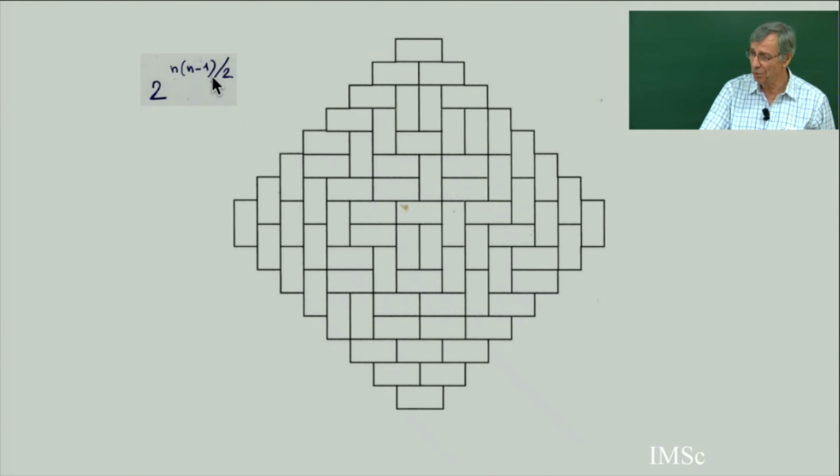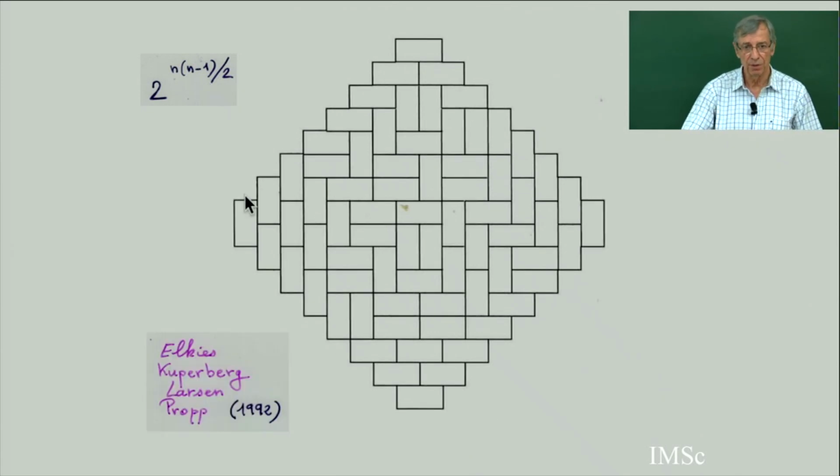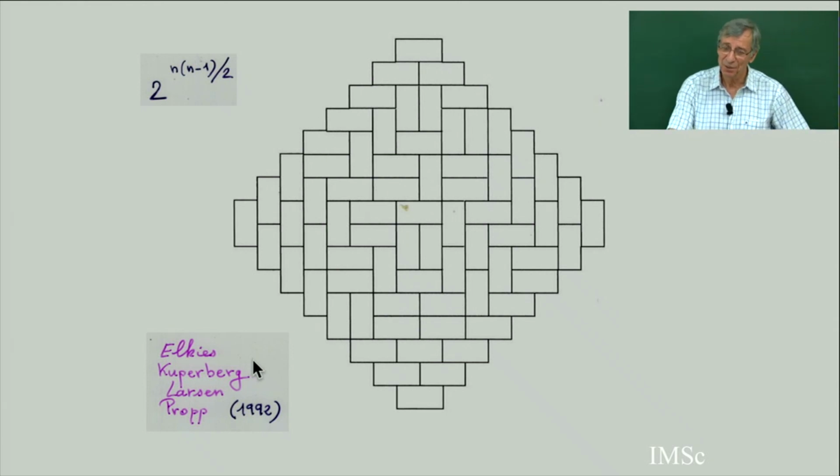It's a power of 2, if the size of the diagram is n, and this was proved in a paper by these people in '92. So I'm not going to give a proof of this formula. I just want to show that this is again a Q tableau. The Aztec tiling can be viewed as a Q tableau of this big Z algebra.